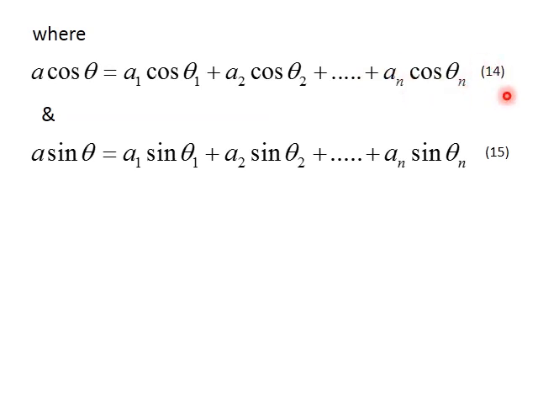This I mark as equation number 14. Similarly a sin theta will be a1 sin theta 1 plus a2 sin theta 2 plus up to an sin theta n. I hope this is very simple.